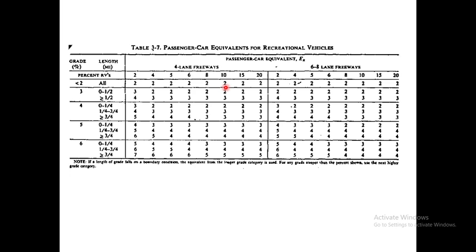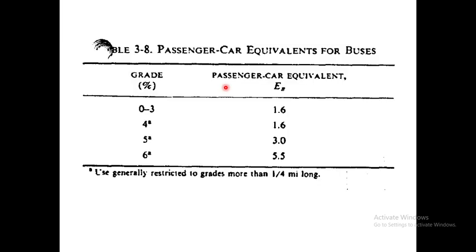So here is also for RV and the last one for the bus. So totally for the equivalent, we have at least five tables. Three for trucks: normal trucks, light trucks, and heavy trucks. One for RV, and one for the bus.